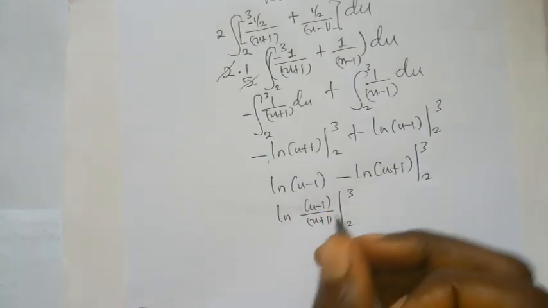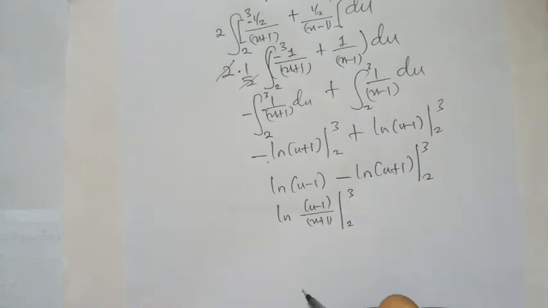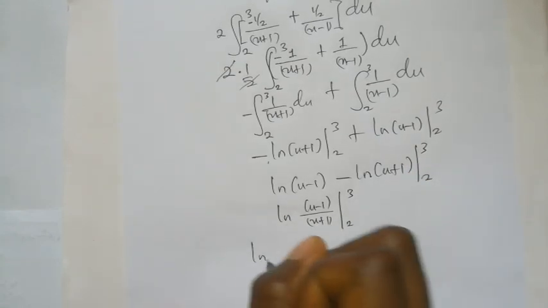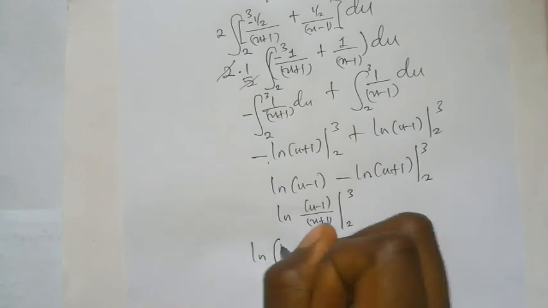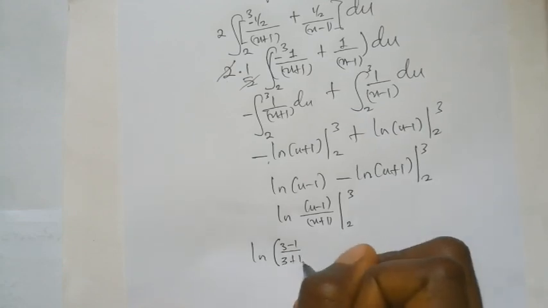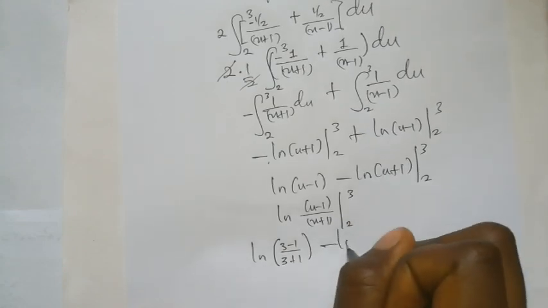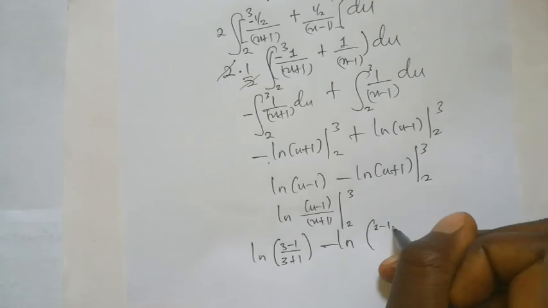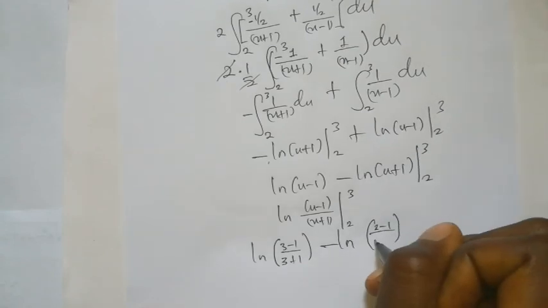So in that case, let's substitute the definite integral. We are going to have ln of (3 minus 1) all over (3 plus 1) minus ln of (2 minus 1) all over (2 plus 1). You get it?